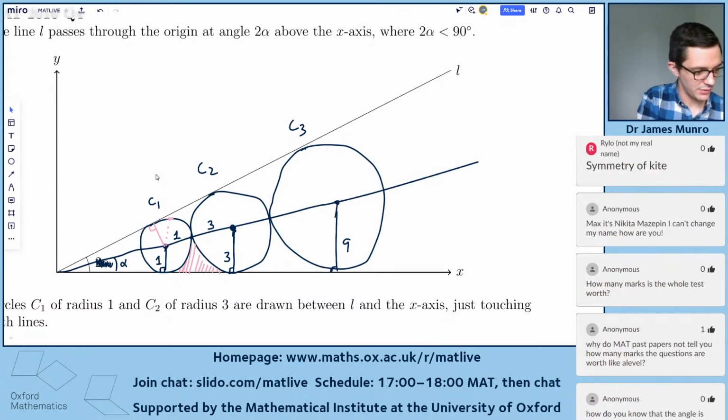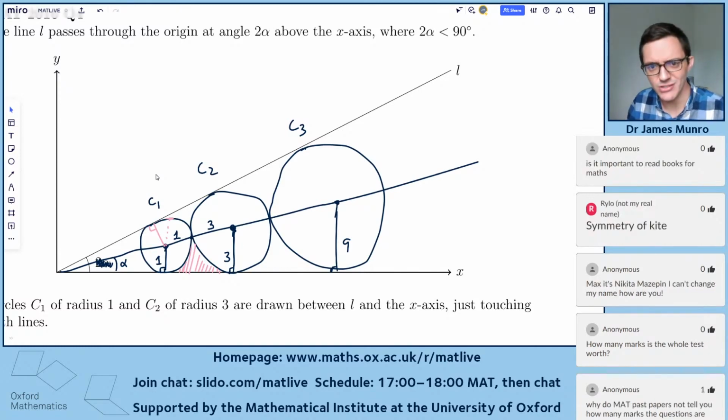Yes, thank you, Riley. Is it important to read books for mathematics? I think not as important as for other subjects like English or history, or reading other people's opinions about politics. One of the nicest things about mathematics is that you can practice mathematics just by discovering it, or just by drawing diagrams and writing down equations and practicing like that.